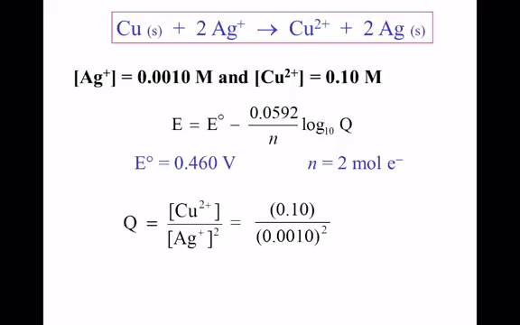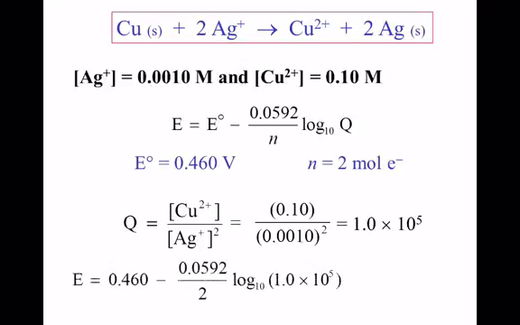When we divide that out, round into 2 significant figures, we get 1.0 times 10 to the 5th is our Q value, or QC. So now we're going to plug that back into the Nernst equation and knock out the potential of the cell at these non-standard conditions.